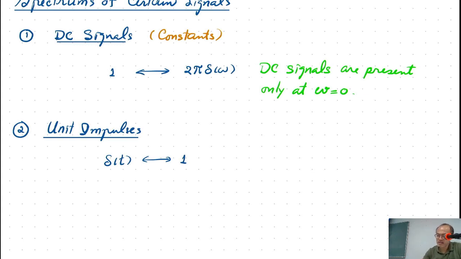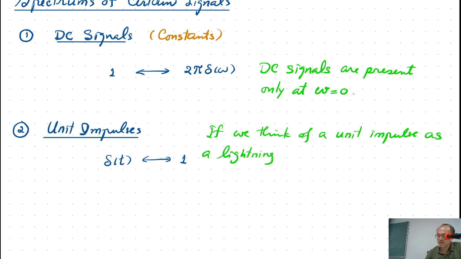So if we think of a unit impulse as a lightning strike, a lightning strike is something very, very large in amplitude, but very, very short in time.